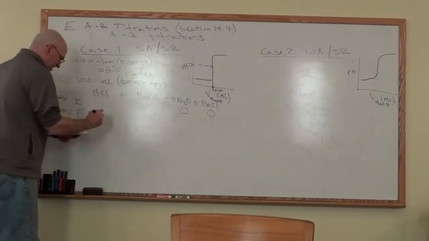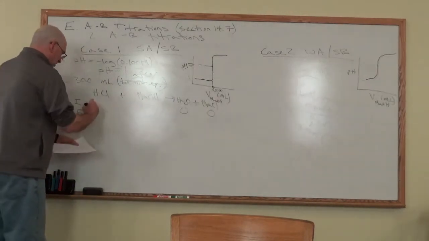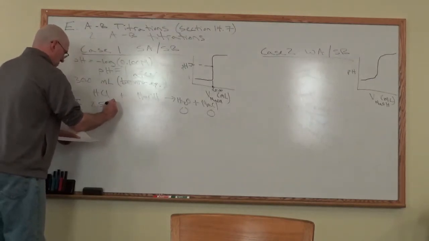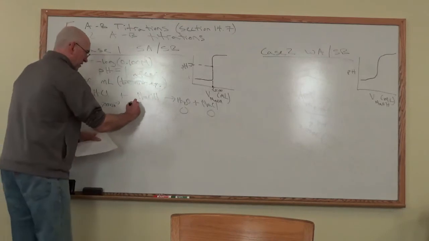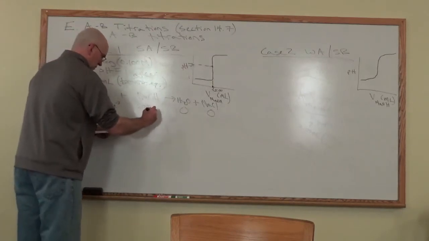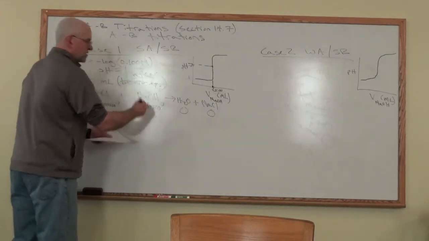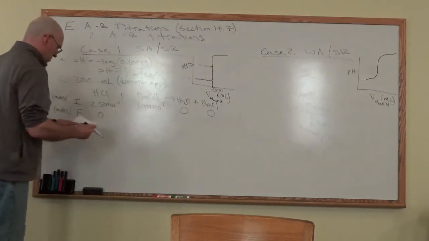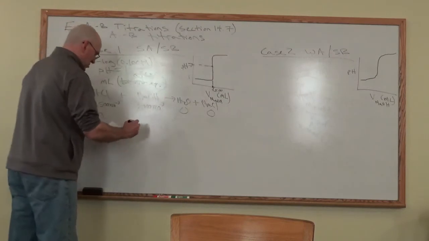Our initial moles of HCl is always just whatever is in the flask to start the experiment. The NaOH now is just 30 mils. Well, it's 1 to 1, so this is going to be gone. Subtract these two.